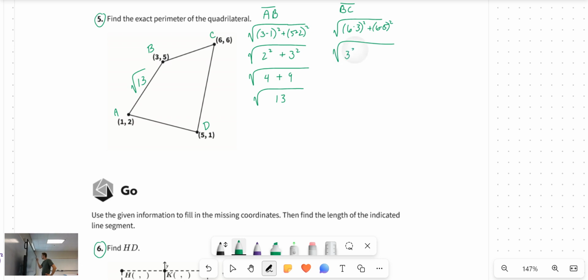So we have 6 minus 3 is 3 squared, plus 6 minus 5 is 1 squared. So this is the square root of 9 plus 1, so the square root of 10. This part here is the square root of 10.